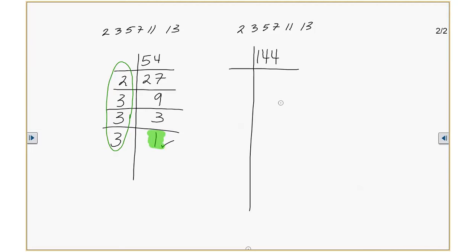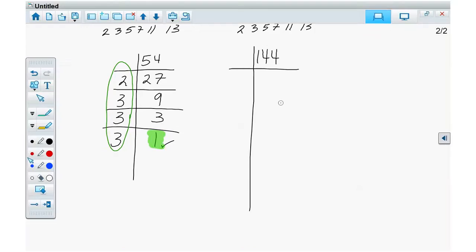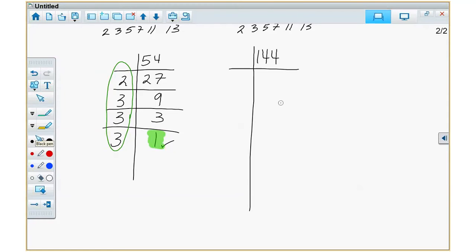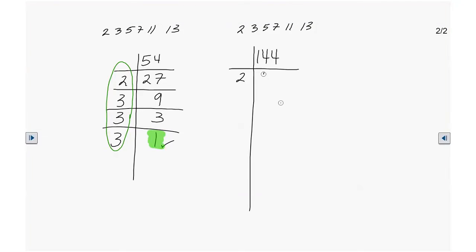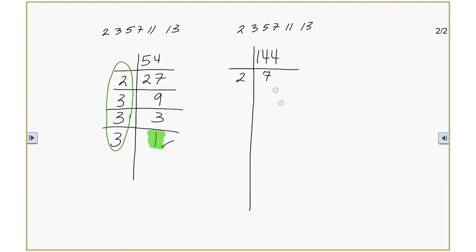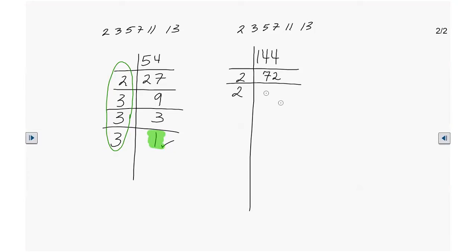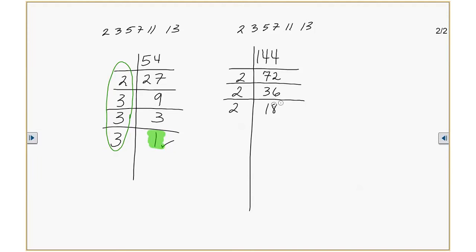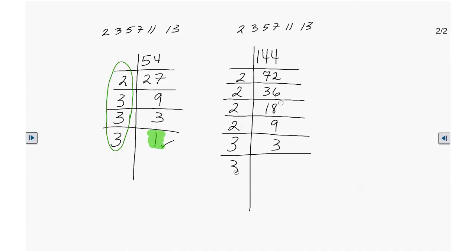All right, I'm going to divide by 2. Two will go into 14 7 times. 2 will go into 4 2 times. 2 again, 36. 2 again, 18. 2 again, 9. 3 and 3. 1.